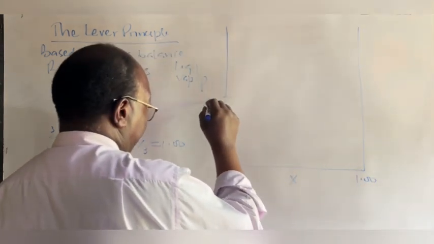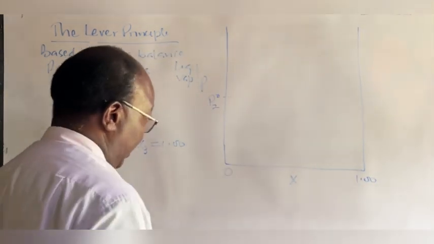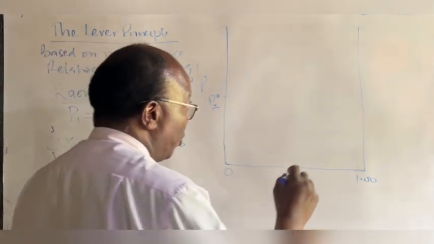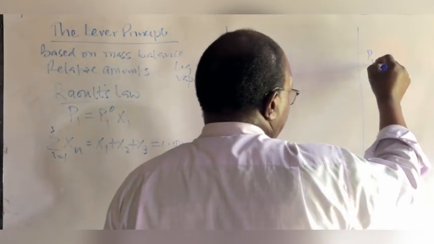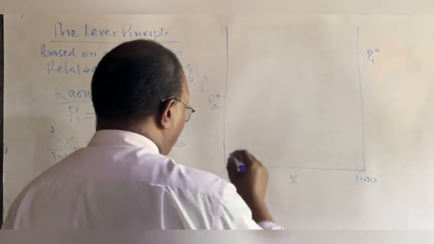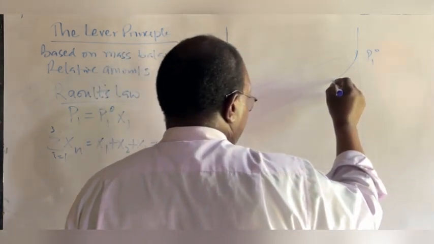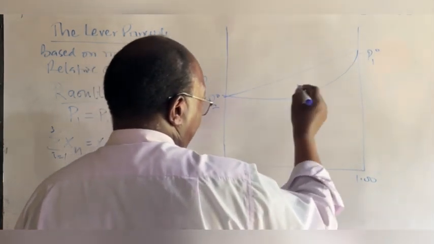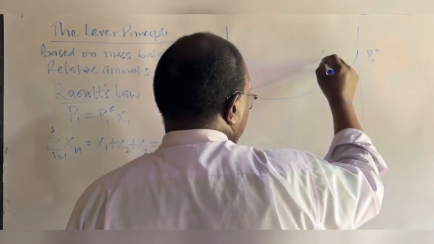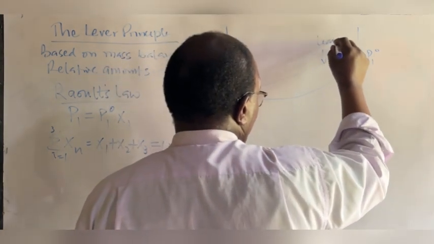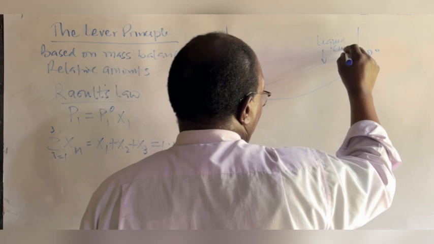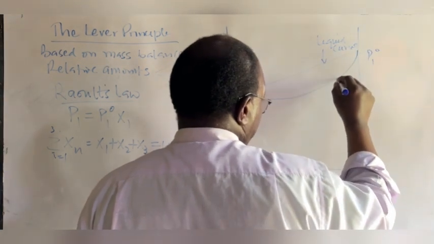For the pure component 2, that is the pressure, and for the pure component 1, let us say that is the pressure there. And we have a liquid curve and a vapor curve. This is the liquid curve, and that is the vapor curve.